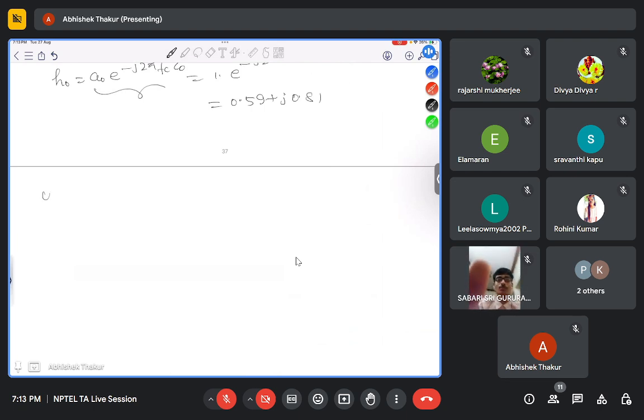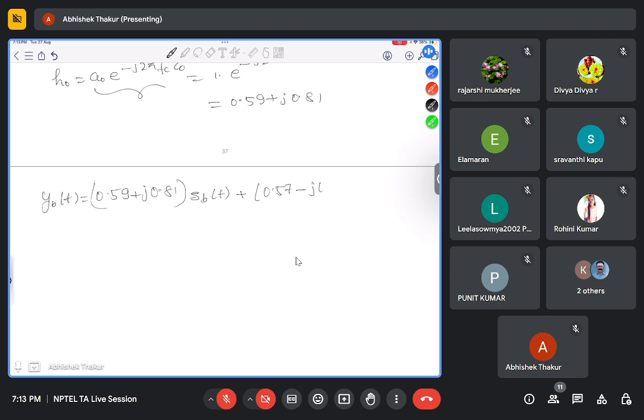So finally, the answer you will get is y_b(t) is equal to 0.59 plus j of 0.81 s_b(t), plus 0.57 minus j of 0.19 s_b(t), plus minus 0.19 plus j of 0.06 s_b(t). Sorry, here will be delay also.